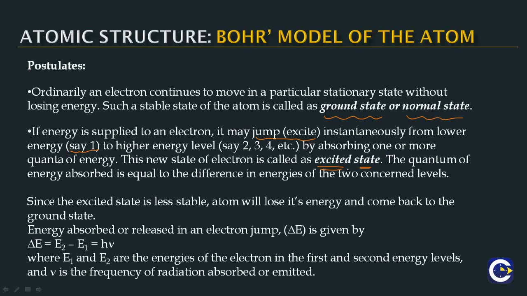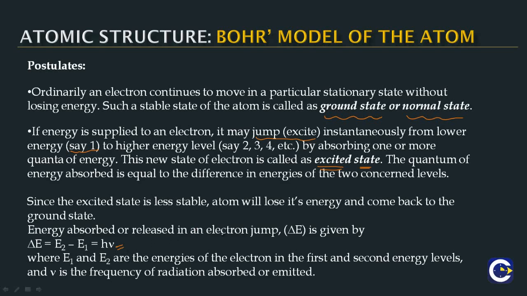Since the electron cannot stay forever in the excited state, which is a high energy state, it will come back, and that process is called de-excitation. During de-excitation the same energy gap between the two levels is released by the electron. So as per Bohr's assumptions, whenever an electron absorbs or releases energy, the energy absorbed or released corresponds to the energy gap between the two levels.